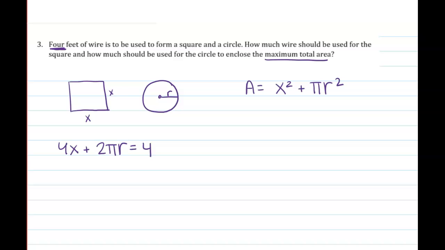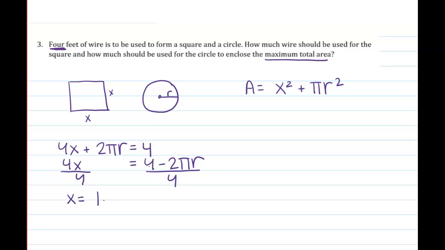Okay, so we need to solve for one of the variables. Let's solve for x. So if we have 4x, if we subtract 2 pi r on both sides, 4 minus 2 pi r, divide by 4. X is, let's see, 4 over 4 is 1.